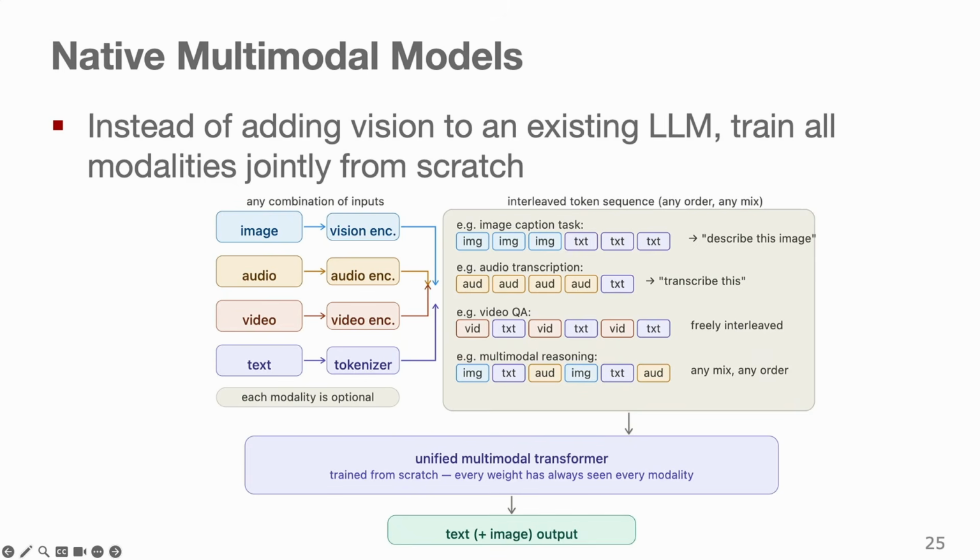It just sees a sequence of tokens and learns to reason over all of them jointly. The appeal is obvious, because in principle, this is the bitter lesson scaled to the extreme, because there is no architectural bias toward any one modality. But obviously it is the most expensive one to train.